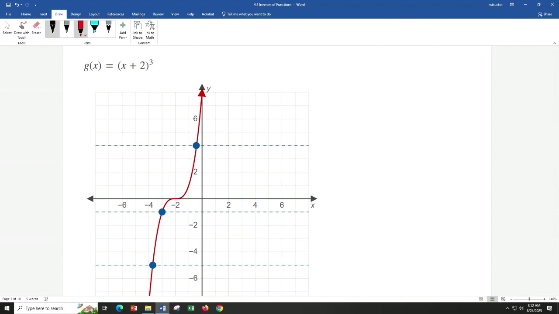Well, I know for a fact that g of x is actually equal to x cubed. Isn't that the base function I'm looking at? I also know that x cubed looks roughly like that. Notice I'm not doing some highfalutin art here. I'm just giving myself a sketch from stuff I learned in 3.3 and 3.4. Hey, that's a one-to-one function. Yes, this has an inverse. I got to finish the math now.